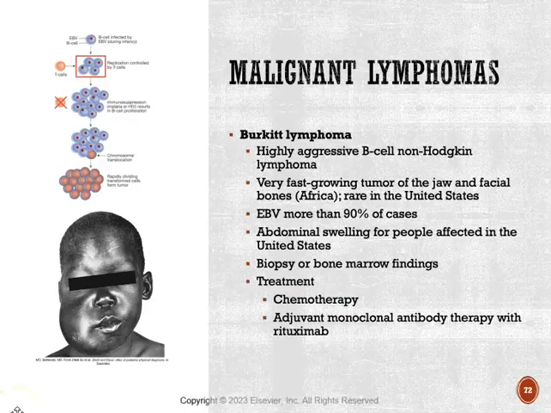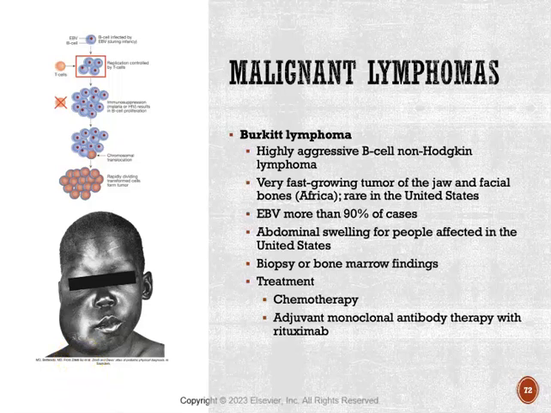Another type of B-cell non-Hodgkin lymphoma is Burkitt lymphoma, which is highly aggressive and is going to present differently depending on its location. In Africa, it's known for causing rapidly growing tumors of the jaw and the facial bones, which you can see pictured over here, mainly on that mandible. While in the United States, we often see that it leads more to abdominal swelling.